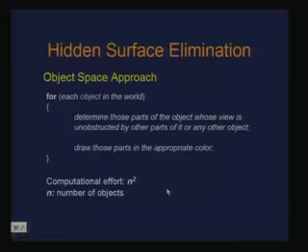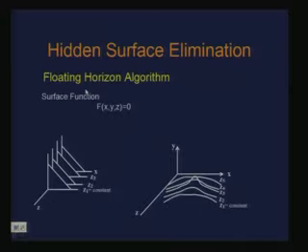Now let us see some of the methods of hidden surface elimination. One of the methods, which is more from the historical perspective and is actually hidden line elimination, is the floating horizon algorithm.